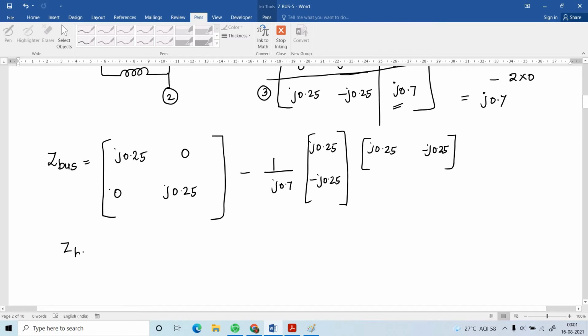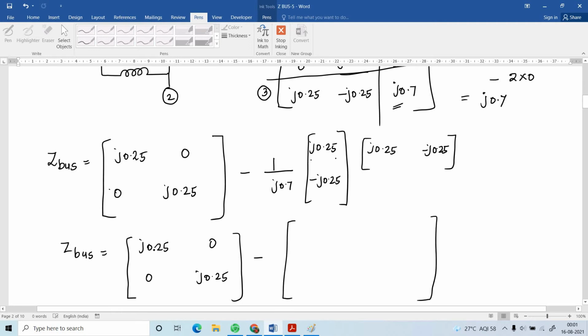So ZBUS equal to J0.25, 0, 0, J0.25 minus, how to multiply this? First J0.25 is multiplied with J0.25. So J0.25 into J0.25, the whole divided by J0.7.